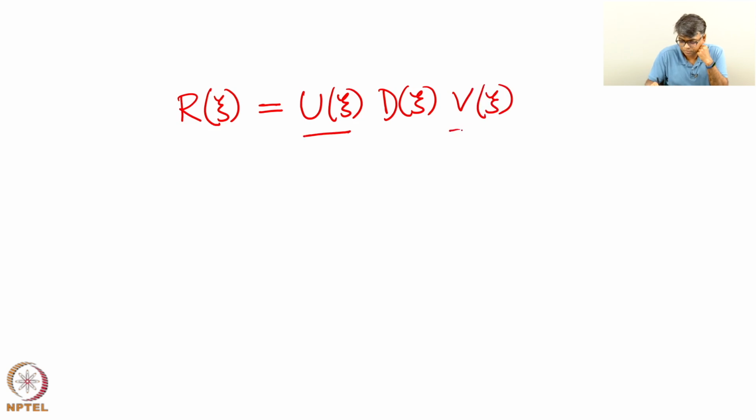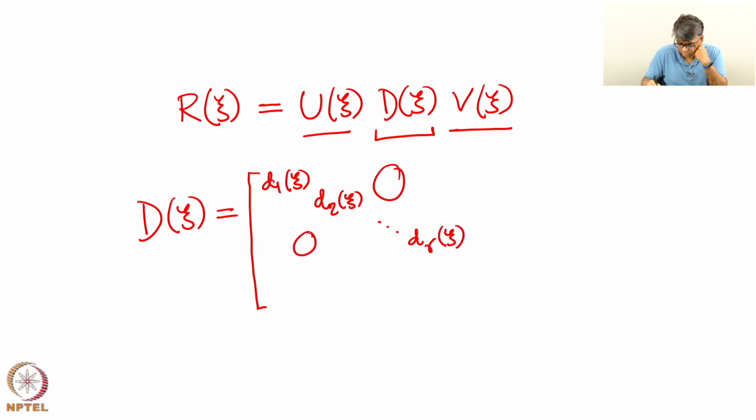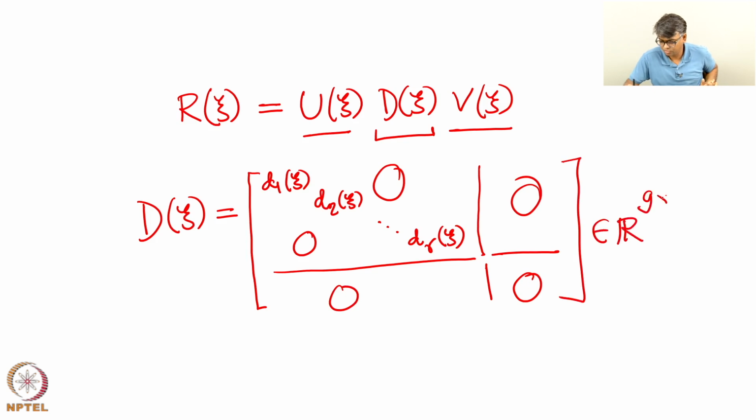U is unimodular, V is unimodular, and D has a very special structure. D(xi) looks like this: D1(xi), D2(xi), up to Dr(xi), an r by r square block. The remaining entries are all 0, so that overall this is the same size as R, g cross q.